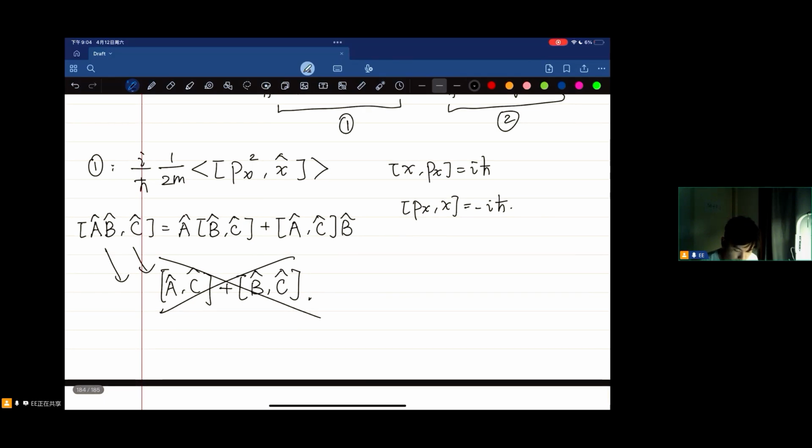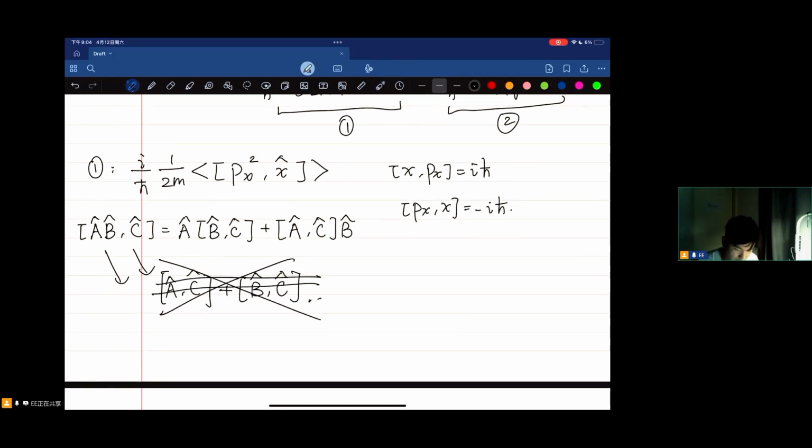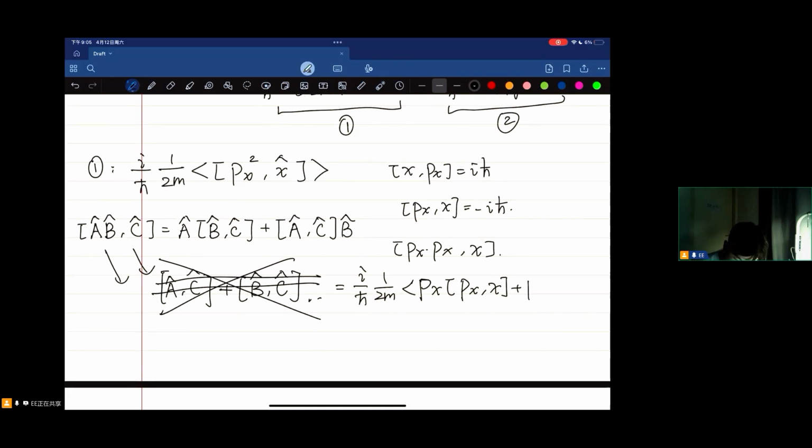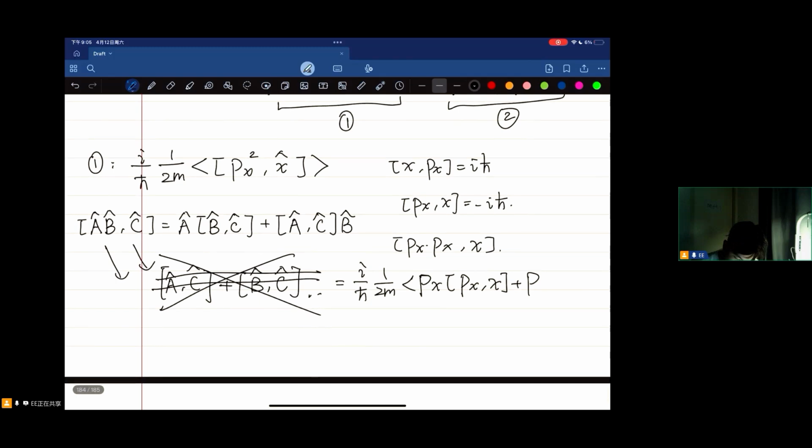Here, if we apply this rule, we have [px squared, x] equals px times [px, x] plus [px, x] times px.